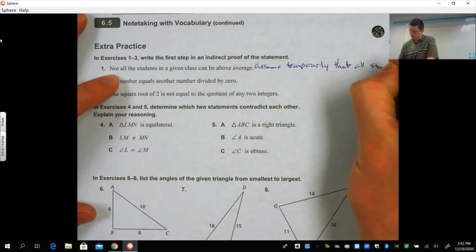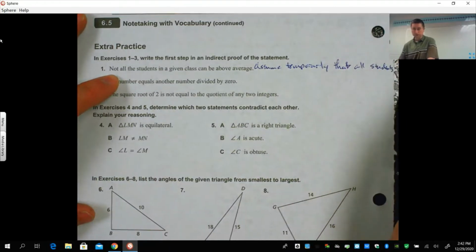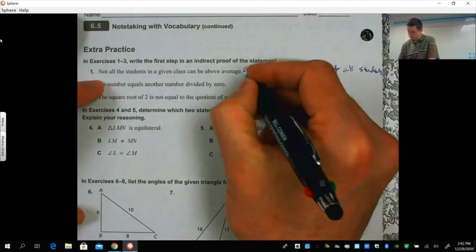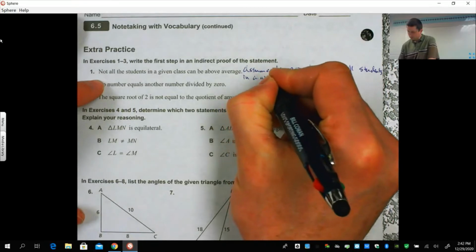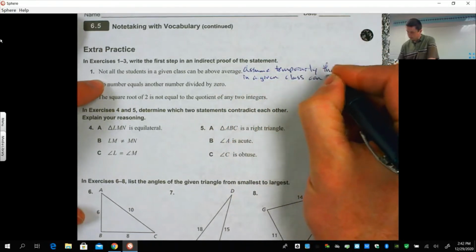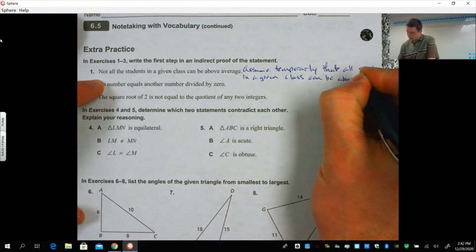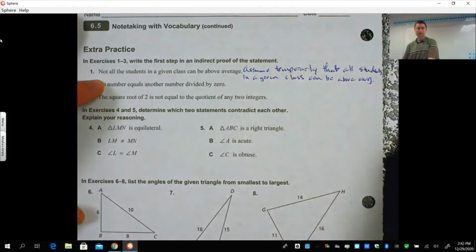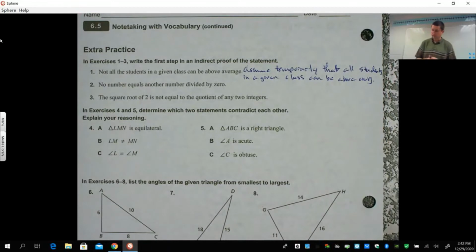So assume temporarily that all students in a given class can be above average. We would argue and say, well, average is the middle of the class, and if everyone is above where the middle is, then that raises the middle and you have a new middle, and then you still have half of them above, half of them below.